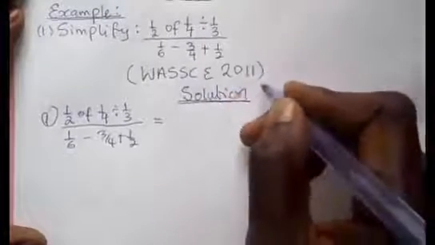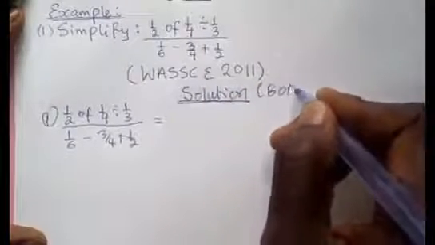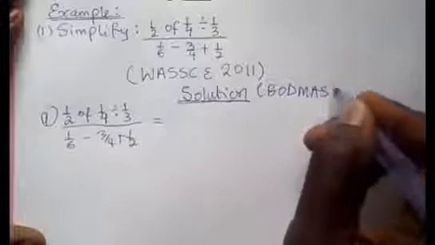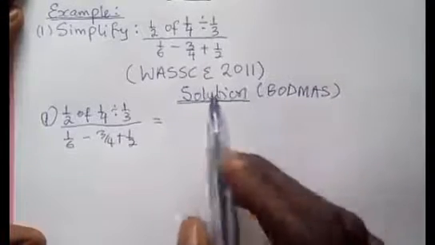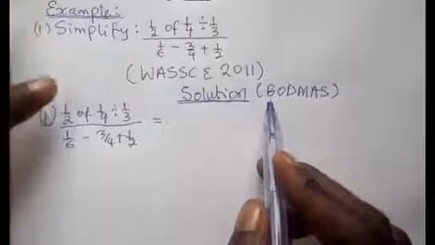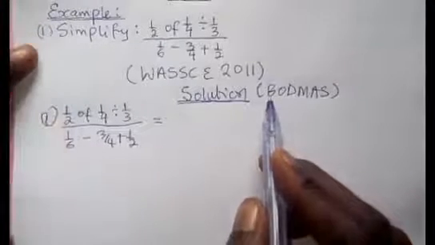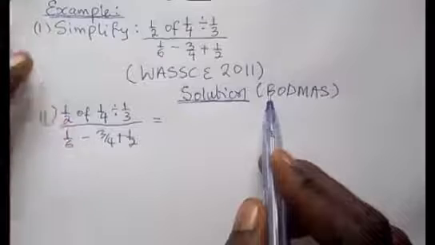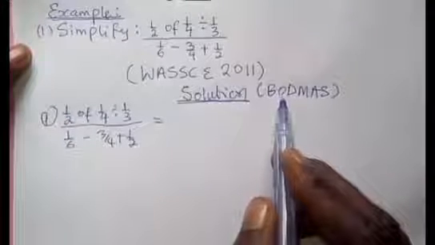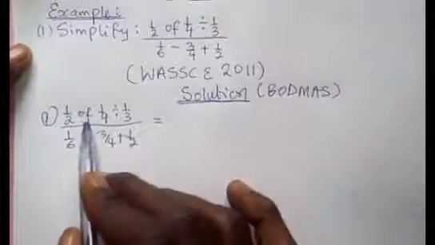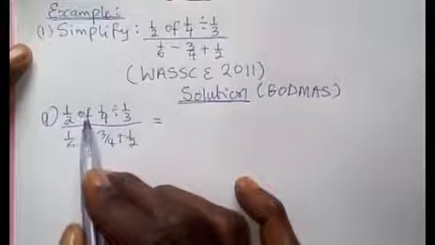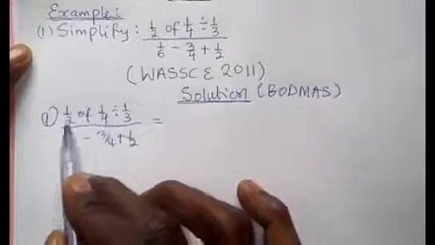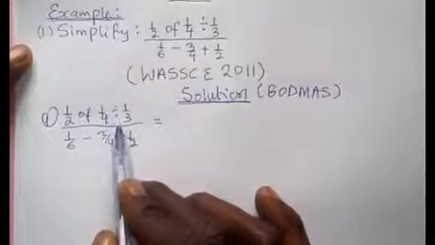According to BODMAS, which tells us the order of operation, if there's a bracket in this fraction, we start with the bracket, but as you can see, there's no bracket. Then the next thing we see here is O, which represents of. And as you can see, we have of here in the numerator.